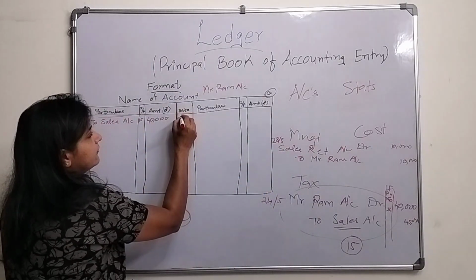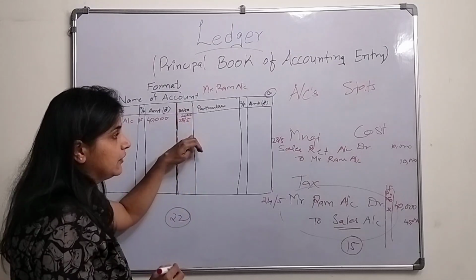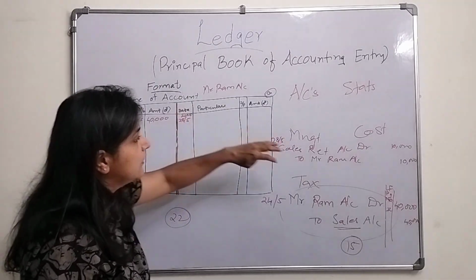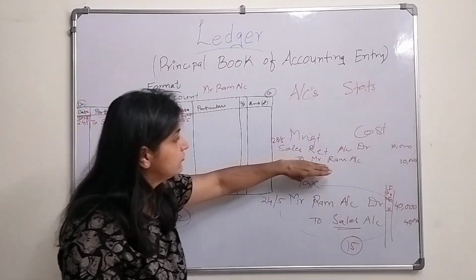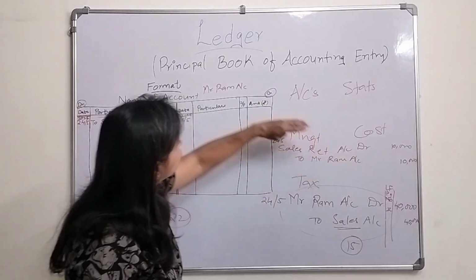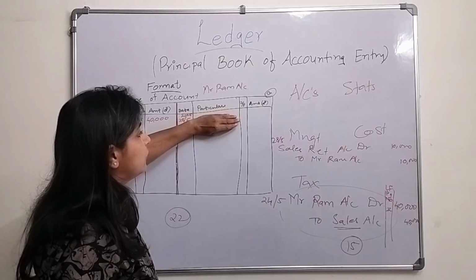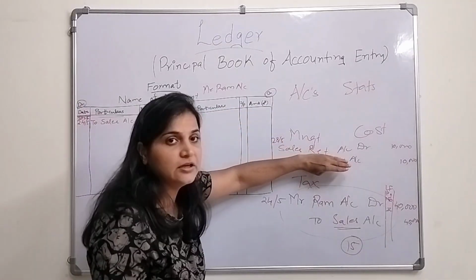So here I will write the date, 28th of May. What happened on 28th of May? The goods were returned, from Mr. Ram. So Mr. Ram's account is credited. On the credit side, I will mention the particulars: he returned the goods.